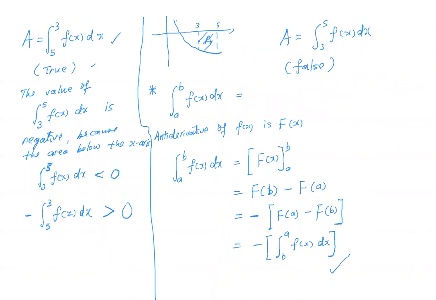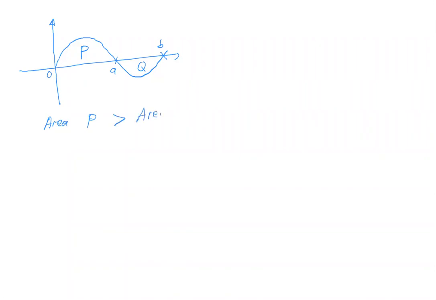Okay, so now I have another problem for you. Zero, A, B. This one I call area P. This one I call area Q. Area P is greater than area Q. So now, this is y equal to fx.